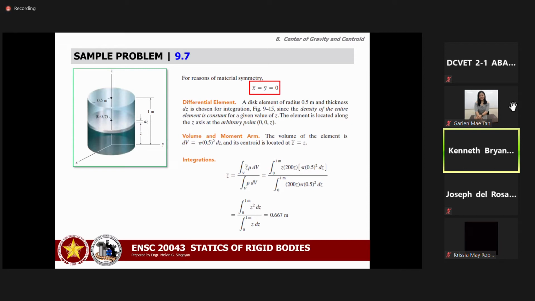So 200 will be cancelled, pi times 0.5 squared will also be cancelled. What remains is integral of z times z dz, or z squared dz, divided by integral of z dz, from 0 to 1. So evaluating those integrals, it will give you bar z equal to 0.667 meter. So that's the answer.